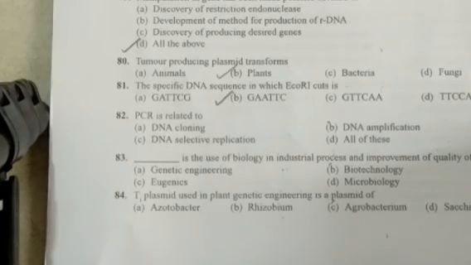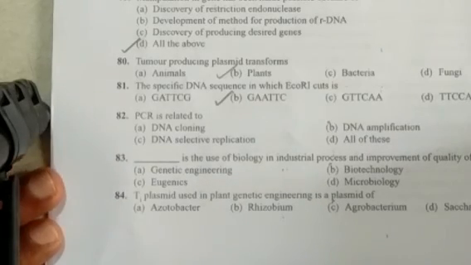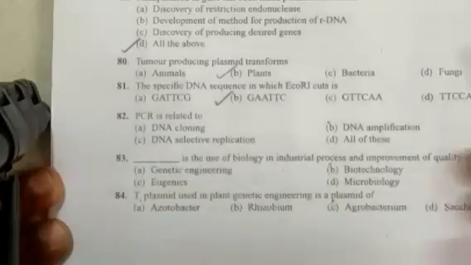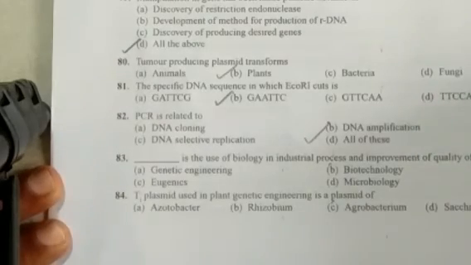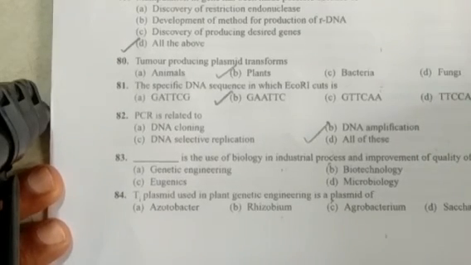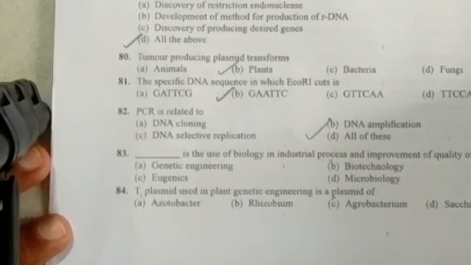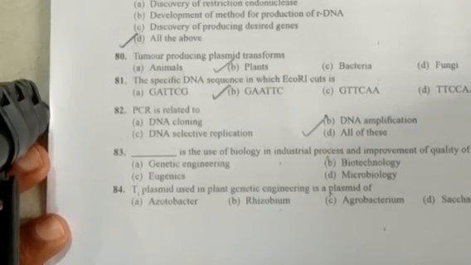Next question. PCR is related to DNA cloning, DNA amplifying. DNA cloning we don't call PCR. Fine. DNA amplification. That's why it's an amplifying process, DNA replication by using polymerase enzyme. Similar copies are made, so that's why it's known as amplifying. Next question.